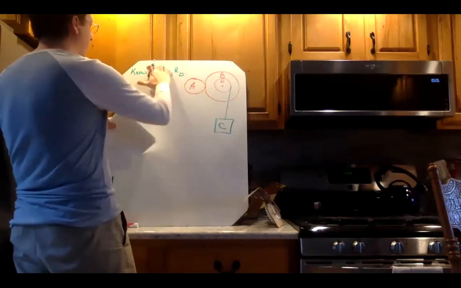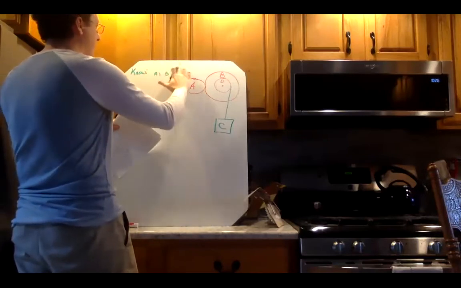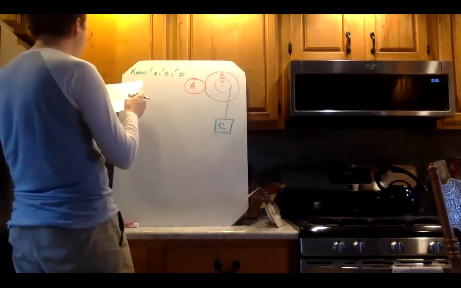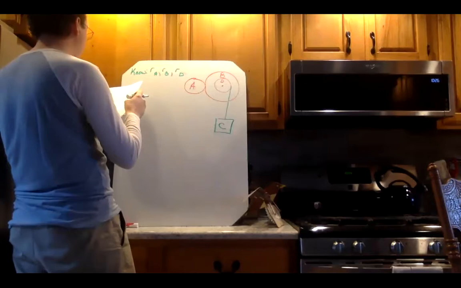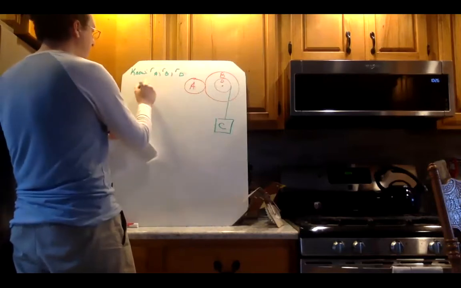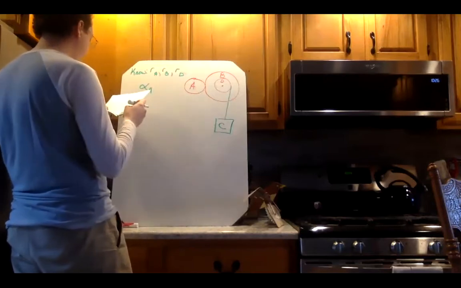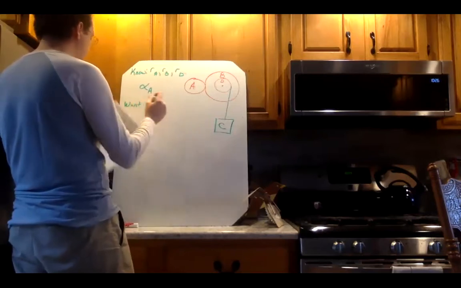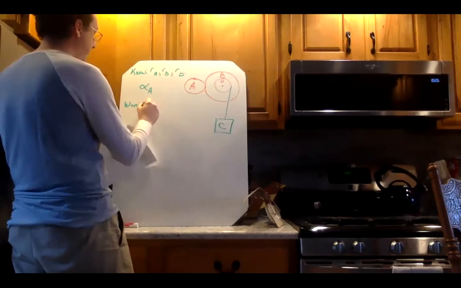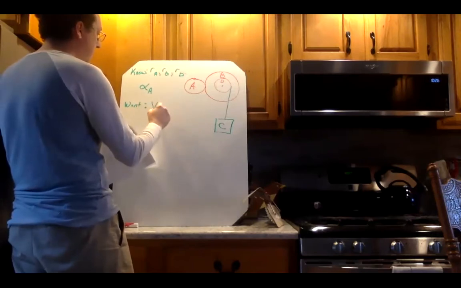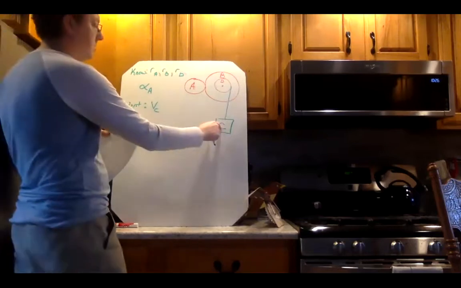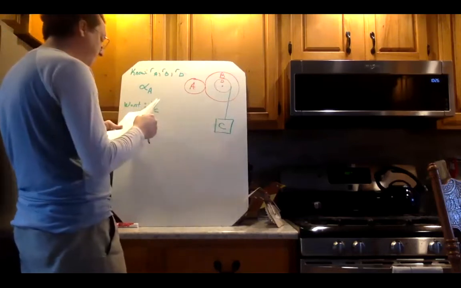I think the problem gave lowercase r, so I'll do the same. And we also know alpha for A. And we want v for C. So we want the velocity of this mass.